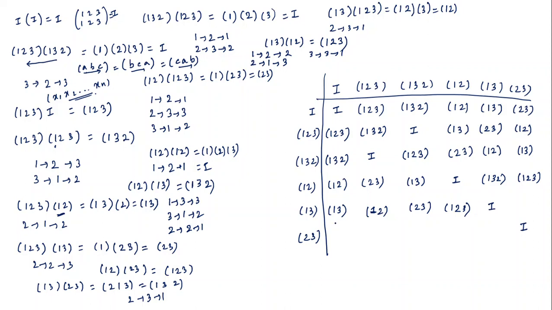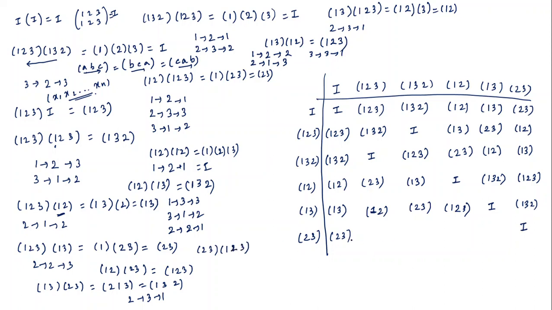And now we saw that we got (1 3 2). Okay. So let me write (1 3 2) here. Here again I will be having (2 3). And now we have to find what is (2 3) operated with (1 2 3). It has become very clumsy.